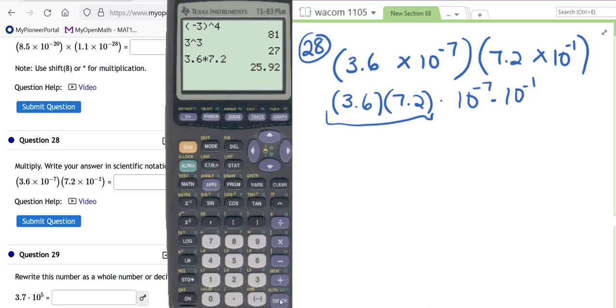So I have 25.92, and I don't know about this software. The other software I've used, you use plain old X here. X is used in scientific notation, even though we don't use it in most other places.